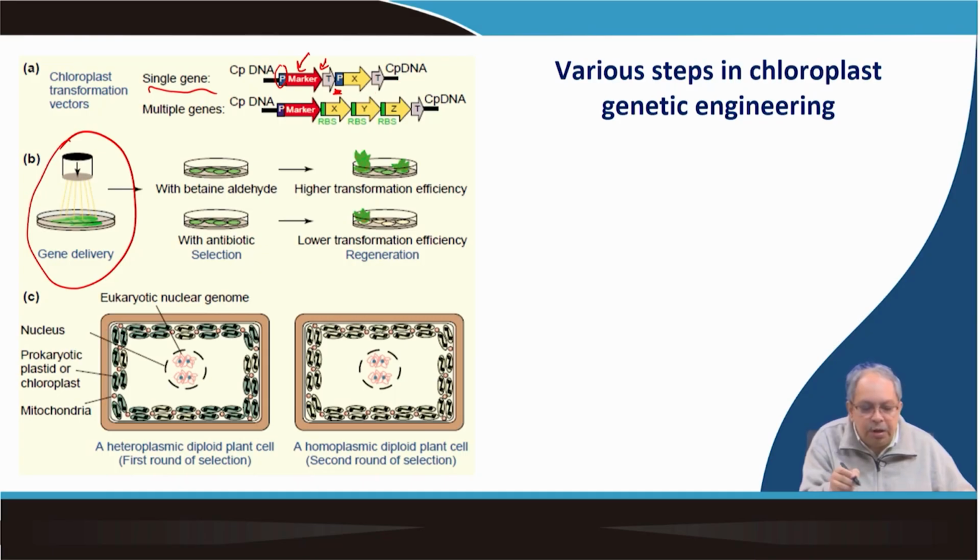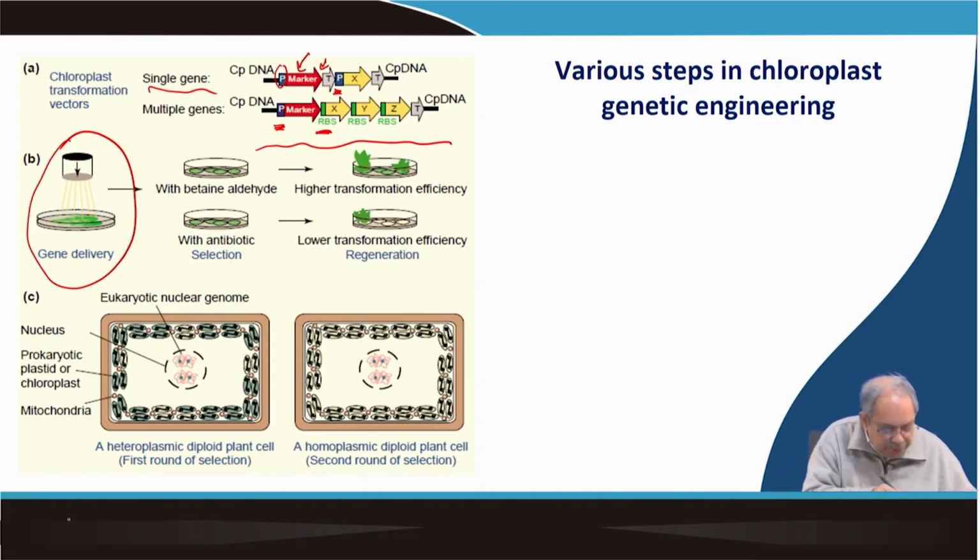This is how single genes are transferred, but multiple genes can be transferred under the control of a single promoter. The genes can stack together, but in between you have to put a ribosome binding site, and the construct is to be made in this way. Then the whole construct can be transferred successfully into the plastid genome, and the single promoter here can take care of the expression of the entire operon. Okay.